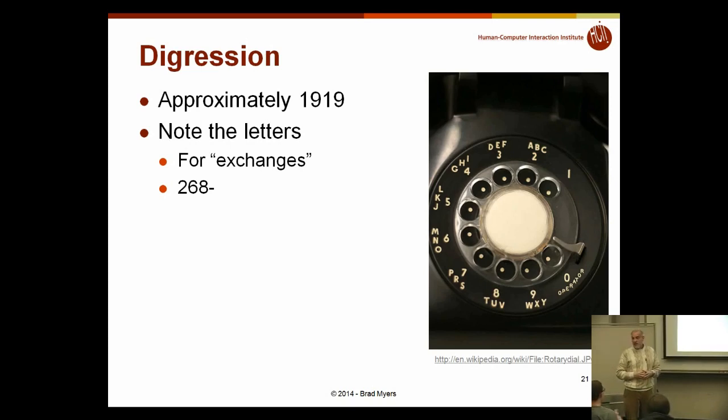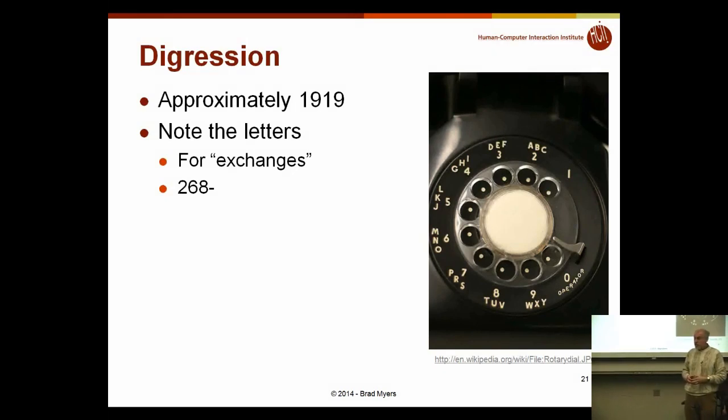Who knows why? Any other guesses? So in the past, if you wanted to make a long distance call, you had to dial 1 first, right? Which is kind of the same as the country code. So if I was in Pittsburgh and I wanted to dial New York, I would dial 1, and then 212 was the area code, and so forth.